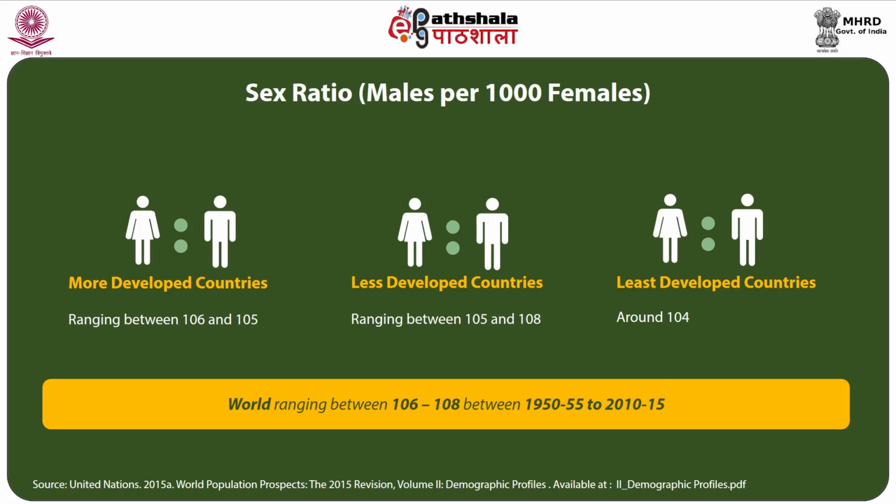In the case of more developed regions, the range is 106 and 105, whereas in the case of less developed regions it is 105 to 108, and in the case of least developed regions, it is as low as 104.